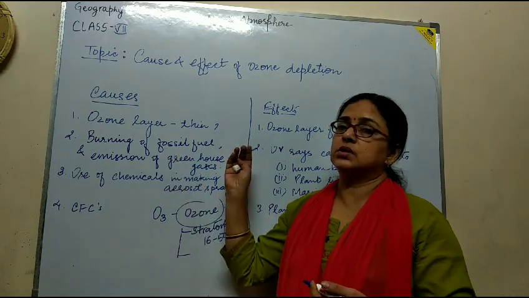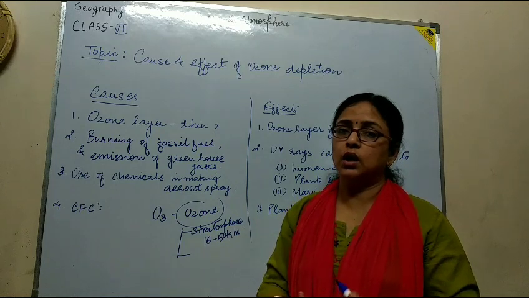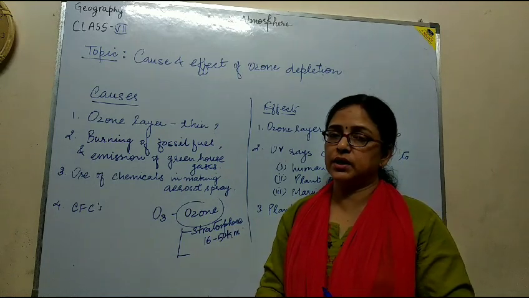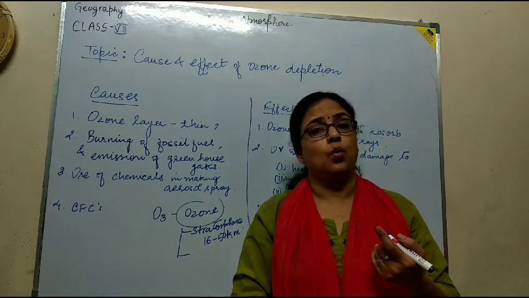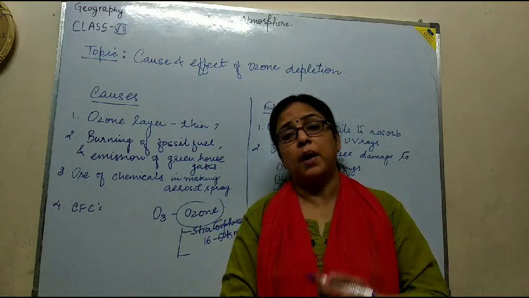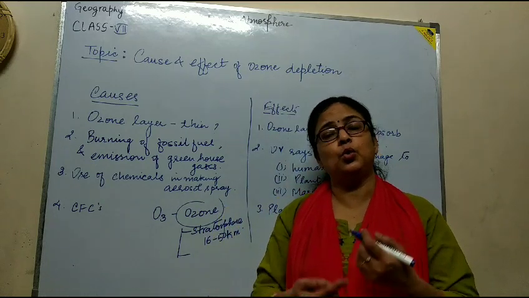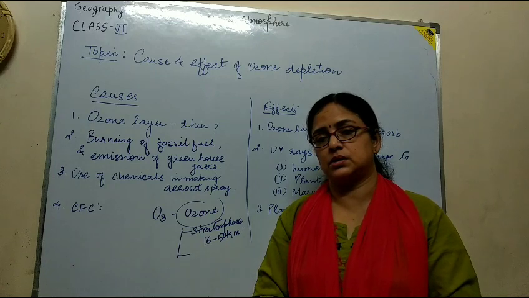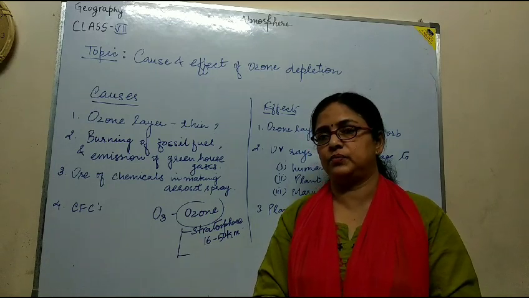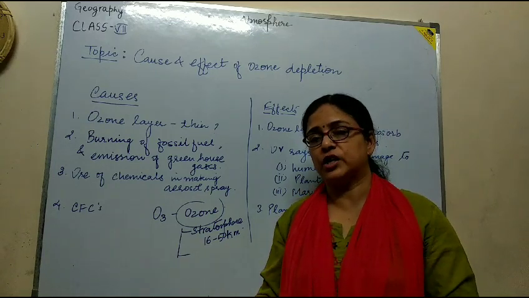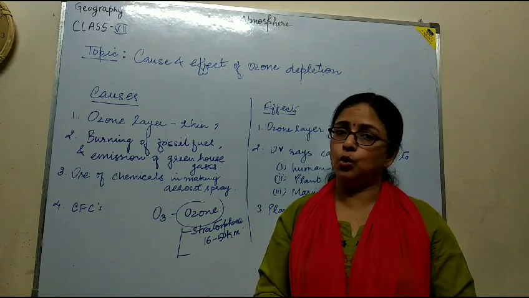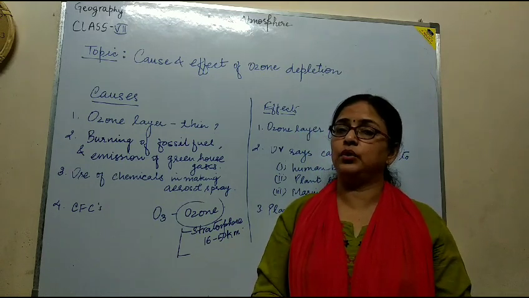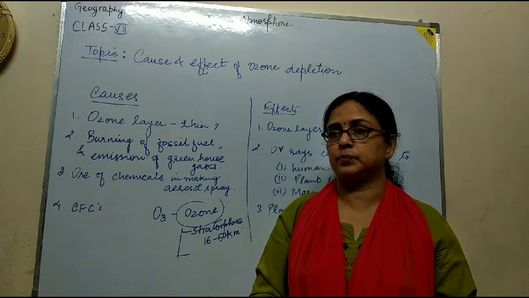The fossil fuels such as coal, petroleum, natural gas are used by human beings to meet the different purposes of their day-to-day life, such as in manufacturing industries, in automobiles, in many of the household activities.